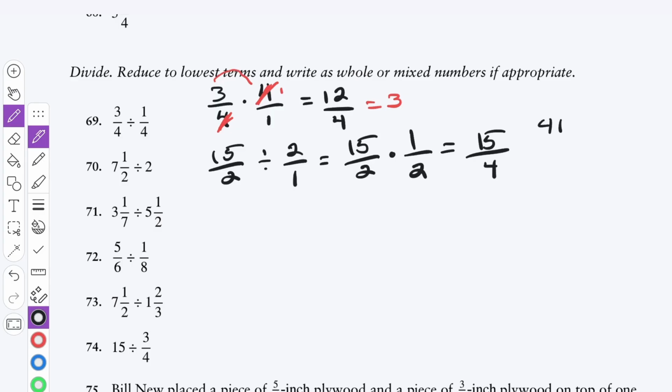And then, of course, to make that a mixed number, I'm going to get 3 here, 12, 3. So this would be 3 3/4. Okay? Same thing with 72, 73, and 74. So just practice on your own.